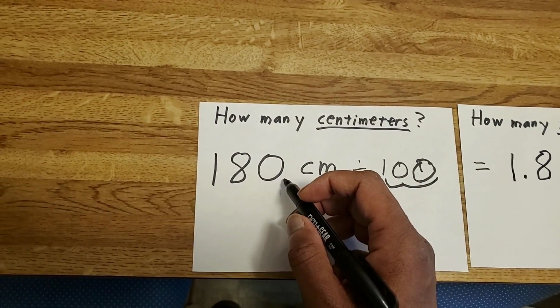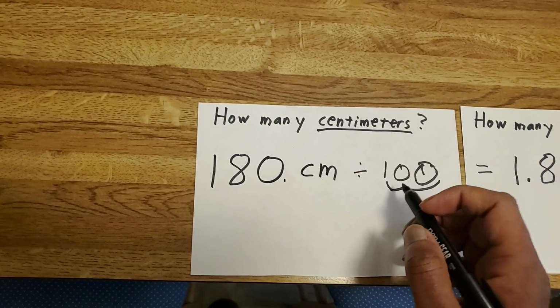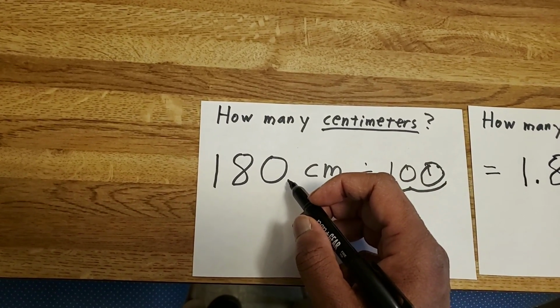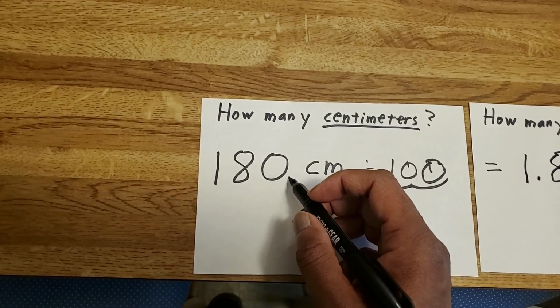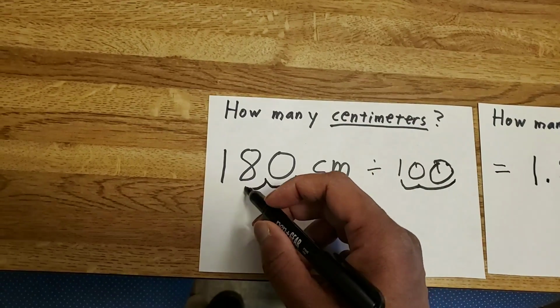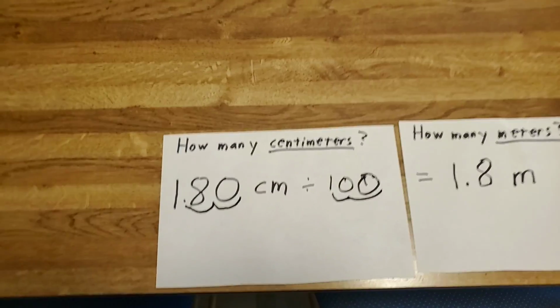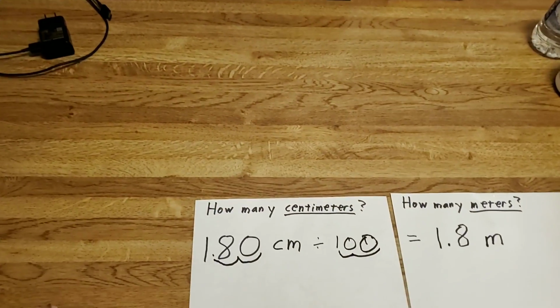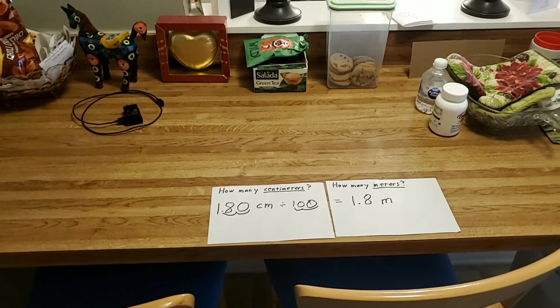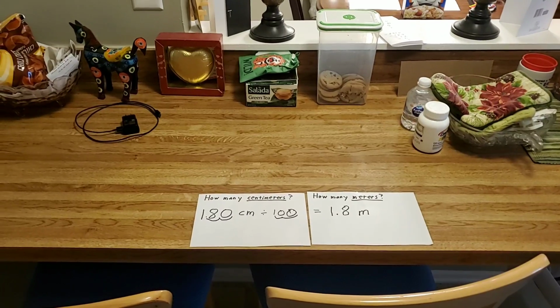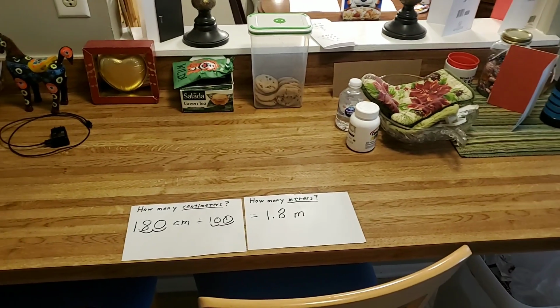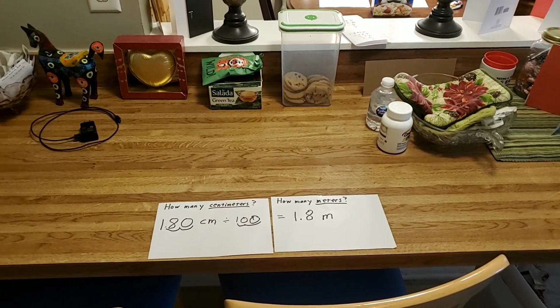Since there are 2 zero places, we're going to move the decimal backward 2 places. I put my decimal here, and I still get 1.8. So once again, this countertop is 180 centimeters, and it's also 1.8 meters.